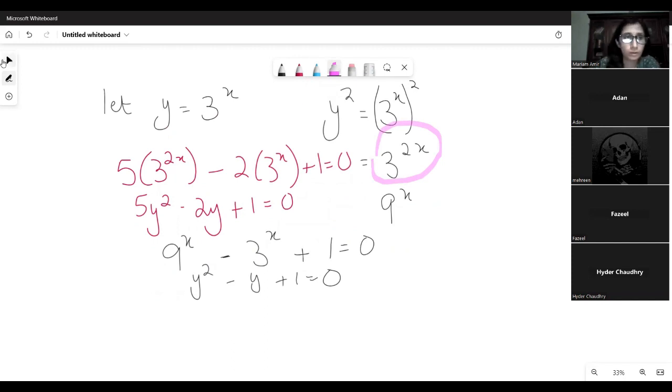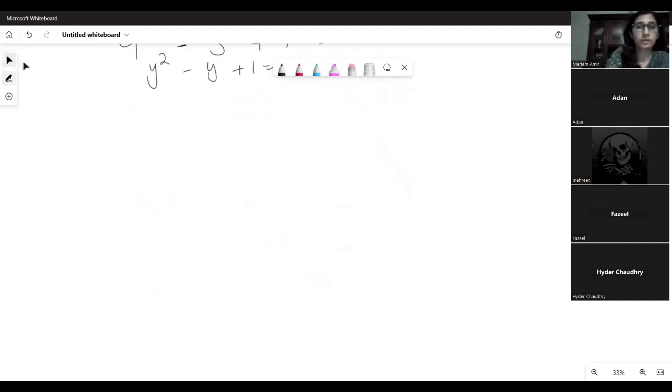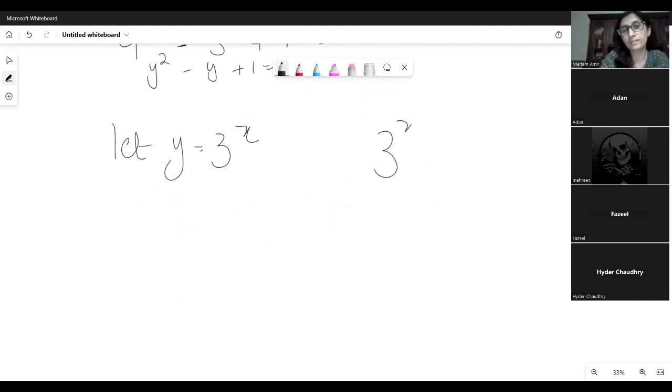Okay, what about if same, let y equals 3 to the power x, but the question has 3 power x plus 1. How do we write this in terms of y?